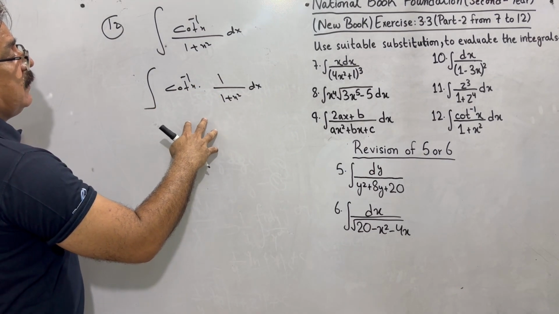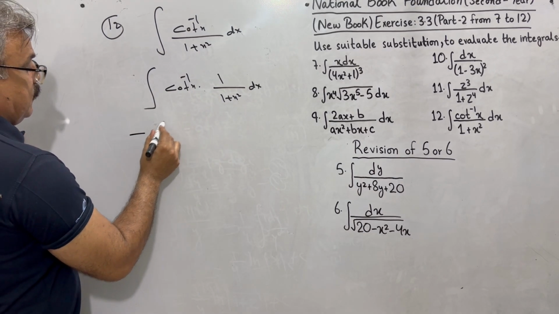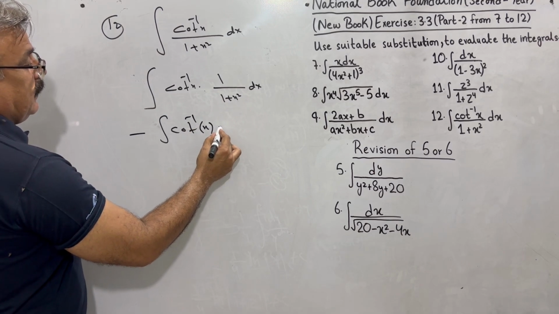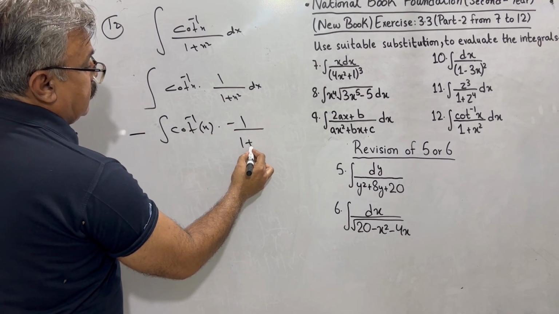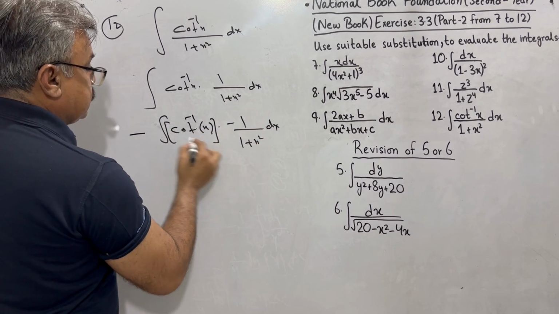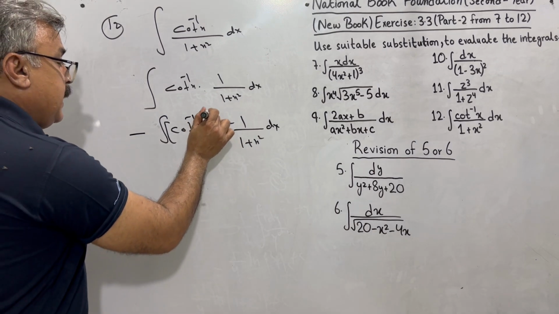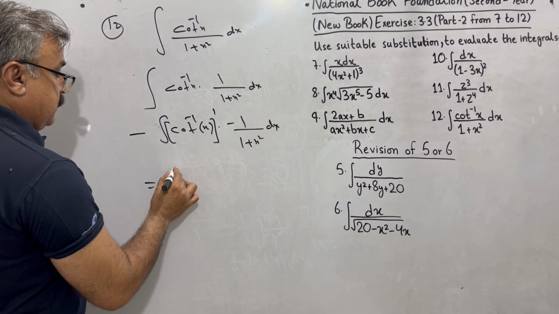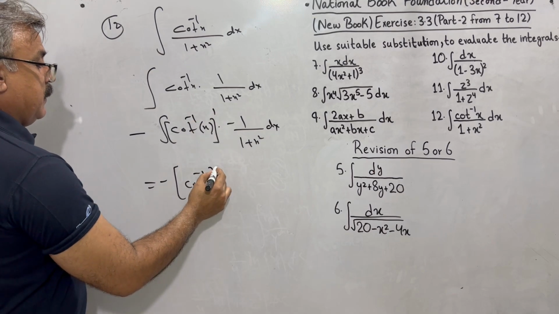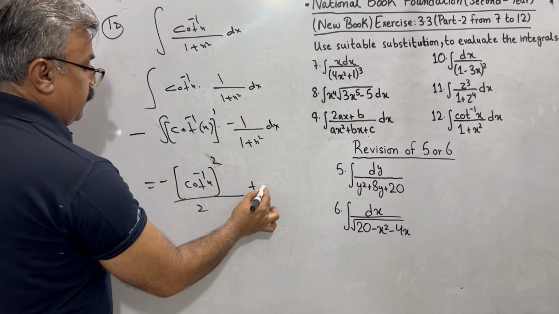Here is a deficiency of only a minus. Compensating the deficiency of minus, we have minus 1 over 1 plus x square dx. That's our function derivative. Add 1 to the power of the function: minus cot inverse x, overall power is 1, 1 plus 1 is 2, dividing with the same, plus c.